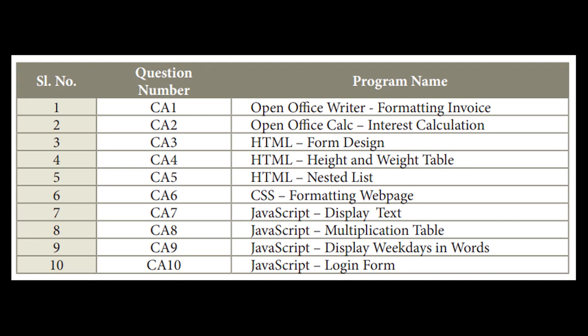When you are learning the HTML chapter, at that time itself, if you see the programs which come in HTML, you will know each tag has some meaning, right? So when you are learning HTML, refer to this also. When you are learning the CSS chapter, refer to the CSS coding also. When you are learning JavaScript, you can refer to this question and try to write your own program.